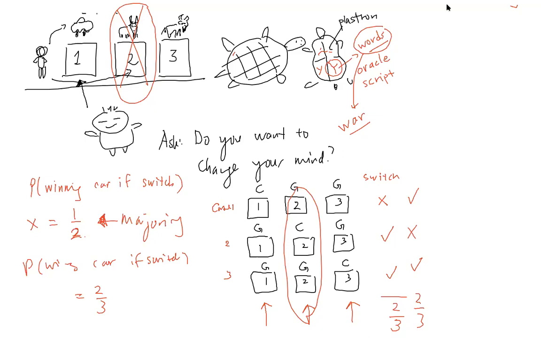So I gave there the history of two French mathematicians who first solved one particular problem in gambling, called the problem of points. You can read it there. The game was interrupted, and they wanted to see how to split the money in a fair way.